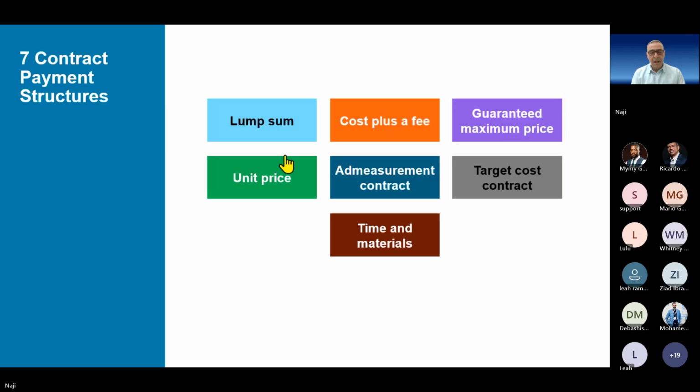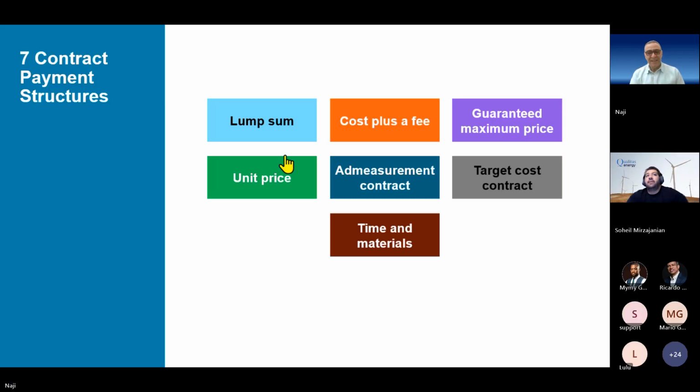Next, how you're going to pay the contractor. There's the client, there's the contractor. Again, you need to mention clearly in the contract the payment mode. They call it payment structure or payment mode, whatever. Is it pay as you go, how much you deliver, you get paid? Is it a lump sum or fixed fee? And if it is a lump sum, how are you going to pay this lump sum?